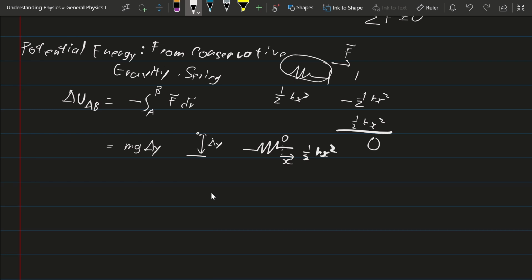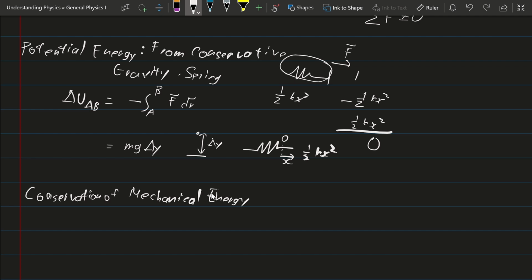So, after we have already discussed potential energy, we can start to talk about one of the most important things that you will normally use, which is the conservation of mechanical energy. So basically, the conservation of mechanical energy is the conservation of all of the forces that are conservative.